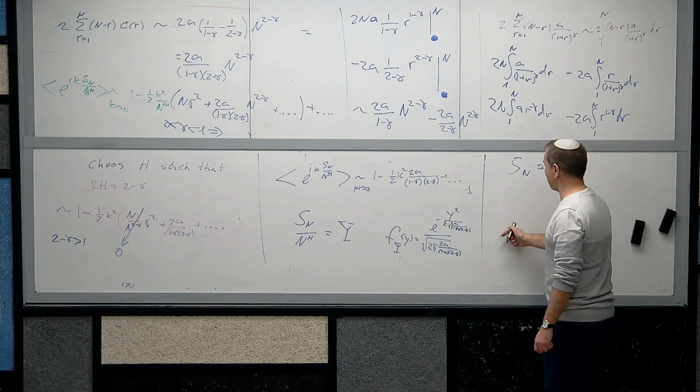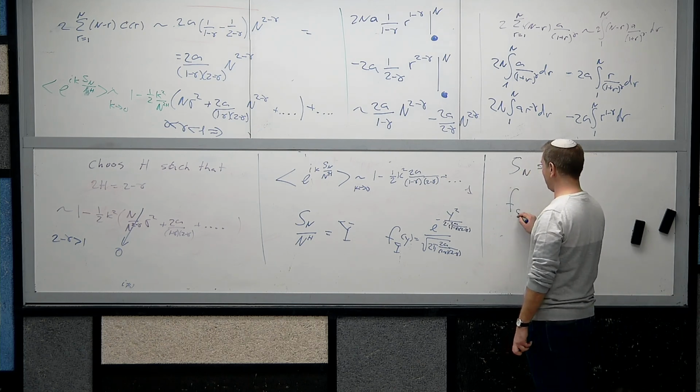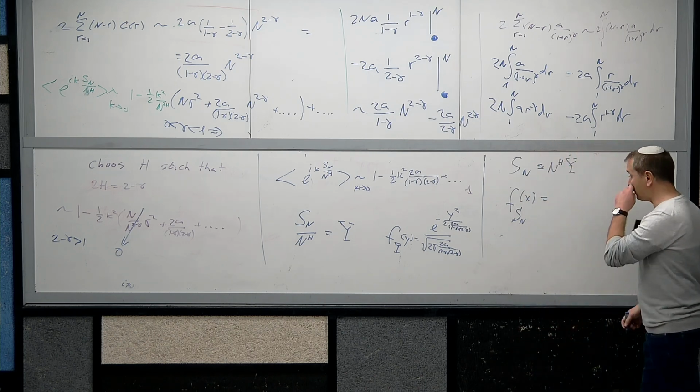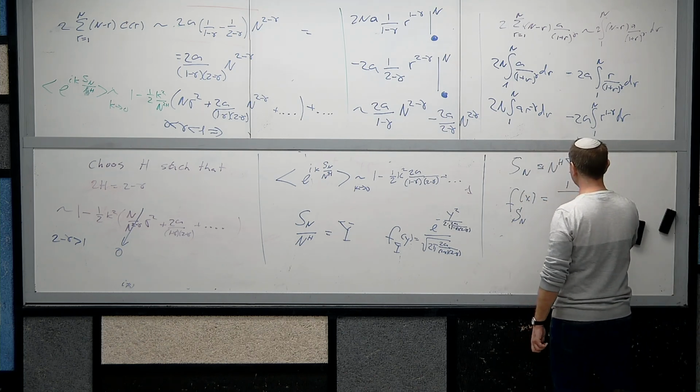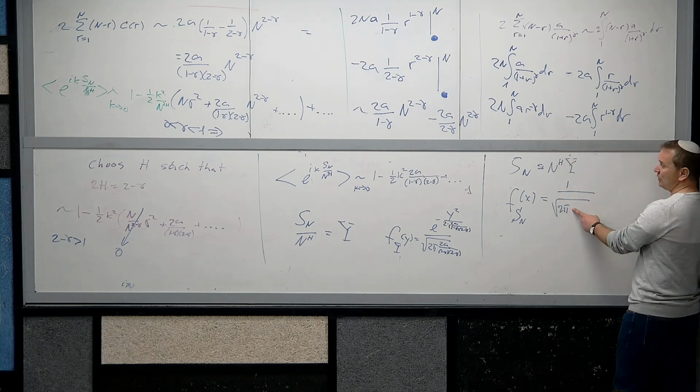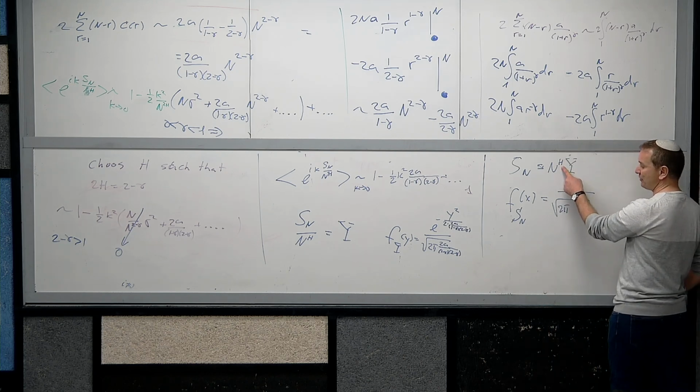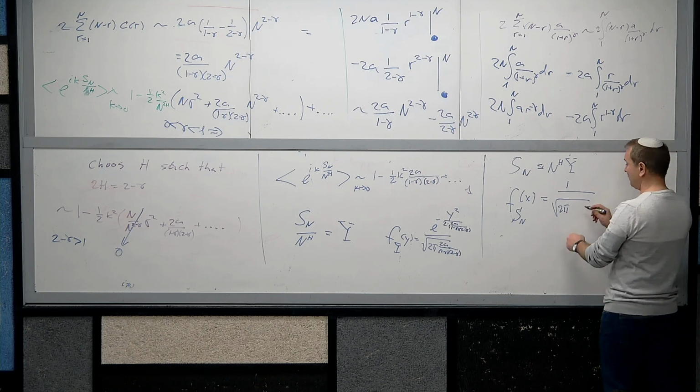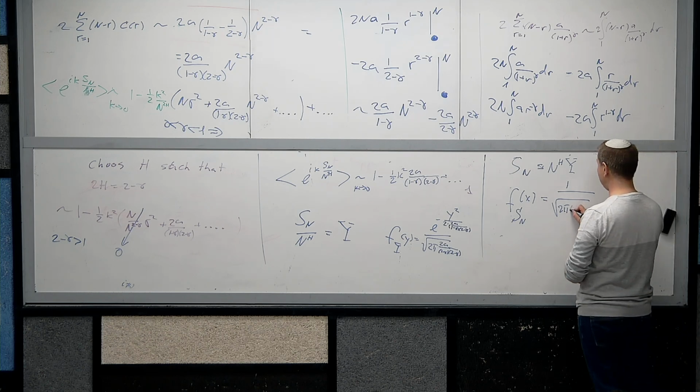This means that the PDF of Sn at point x is what? It is 1 over the square root of 2 pi. And usually, if h was 1/2, here I have n. And now I'm going to have n to the power 2h.